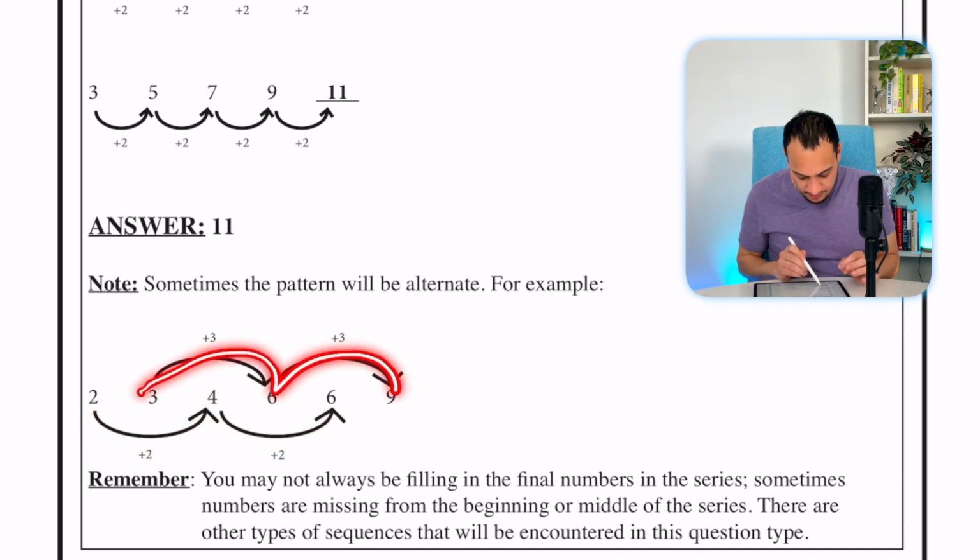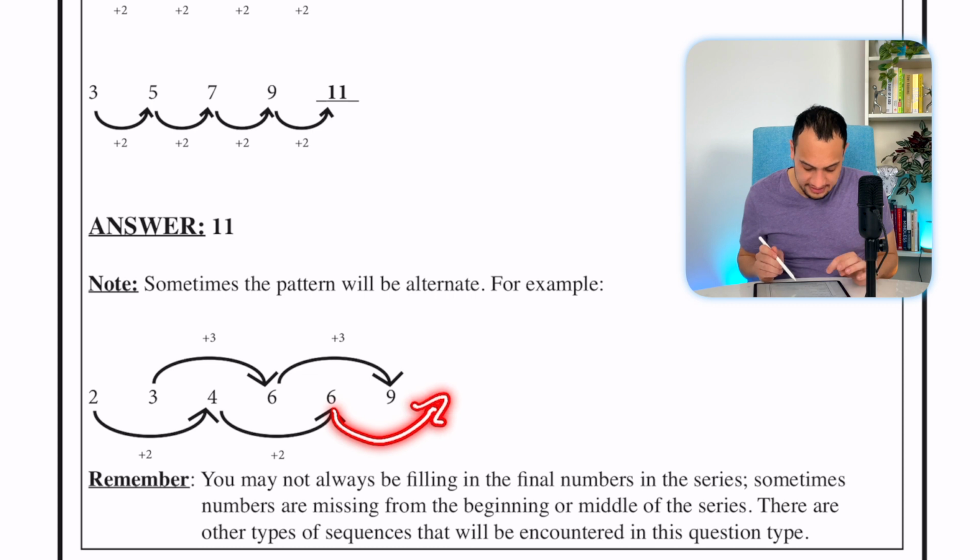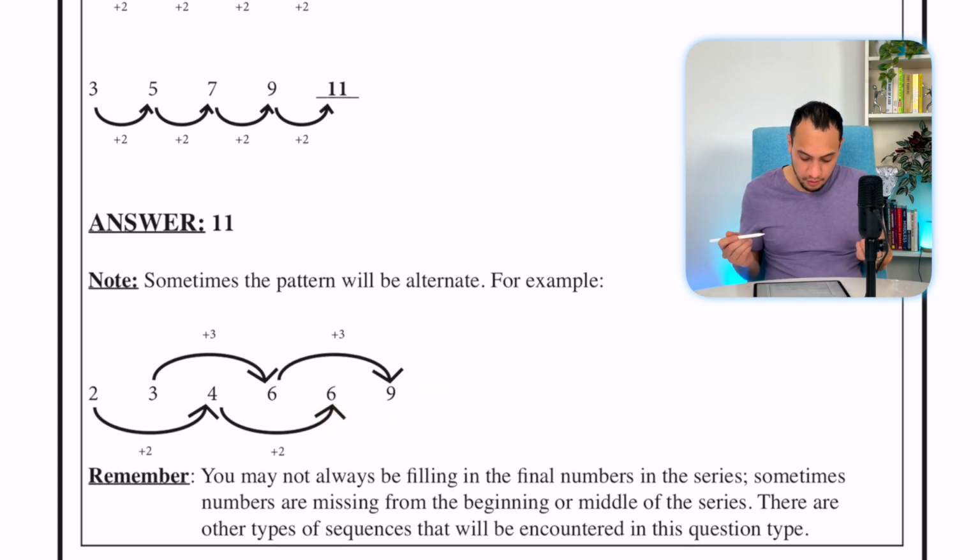You can see here we've got 2 to 4, we're adding 2, 4 to 6, we're adding 2, and then from 3 to 6, we're adding 3, and then from 6 to 9, we're adding 3 again. So actually we're going to add 2 here, and that's how we're going to get 8. Remember, you may not always be filling in the final numbers in a series. Sometimes numbers are missing from the beginning or middle of the series.